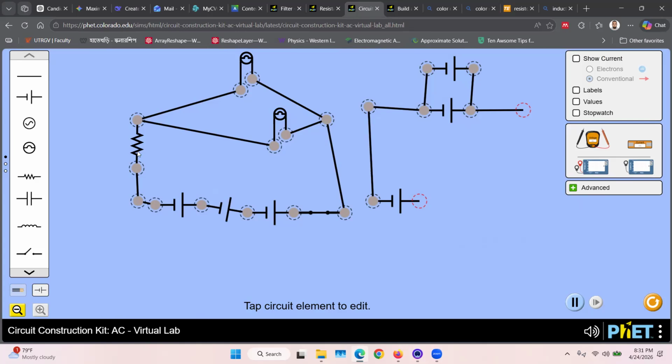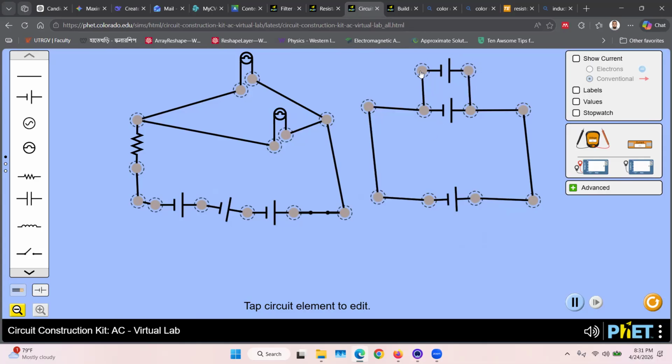See, this kind of orientation we call parallel. So when you draw any circuit, you have to draw it this way, or you are making a wrong drawing. So that's why you have to draw like that.